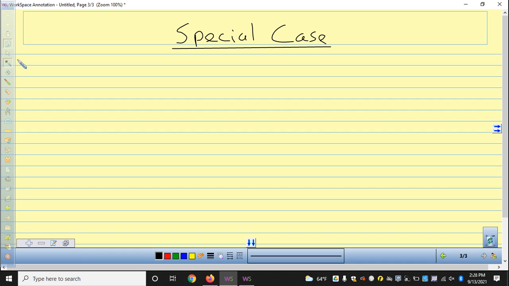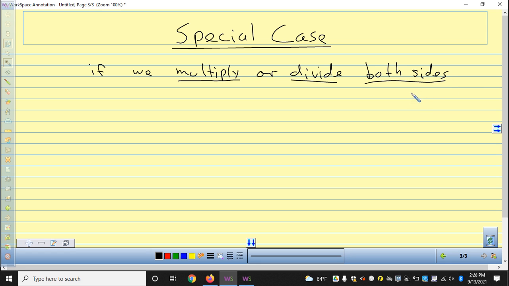Our special case is if we multiply or divide both sides, so both sides is important, if we multiply or divide both sides by a negative, the arrow switches direction.